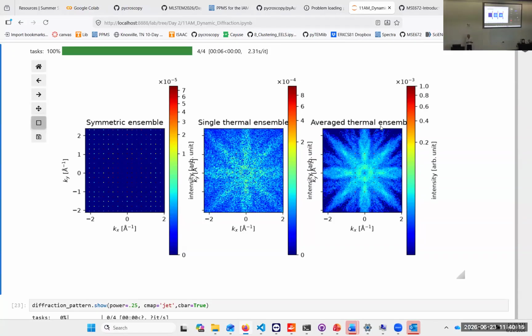So again, we are in the 001 direction, and that comes purely from the symmetry of the Kikuchi line bands. So the more of those thermal ensembles you integrate, the better your Kikuchi lines will come out.